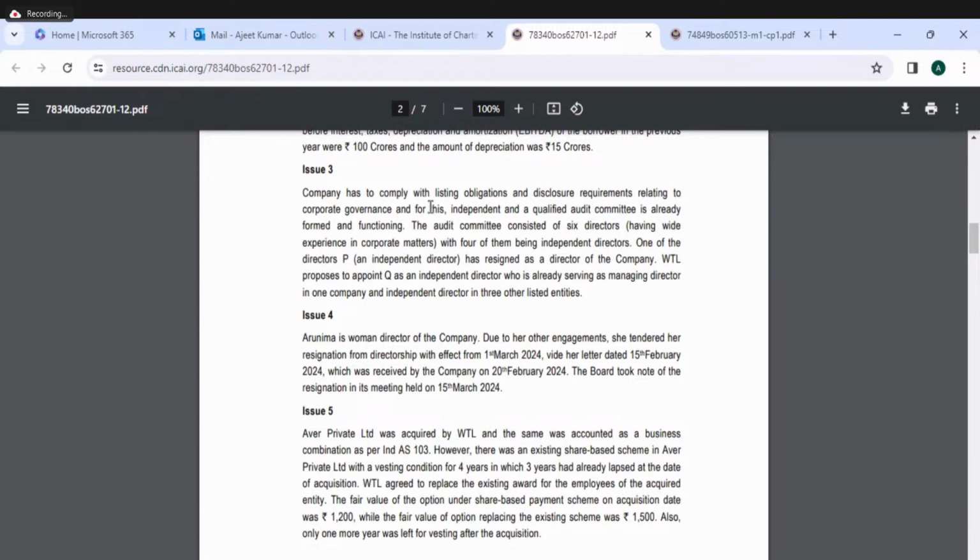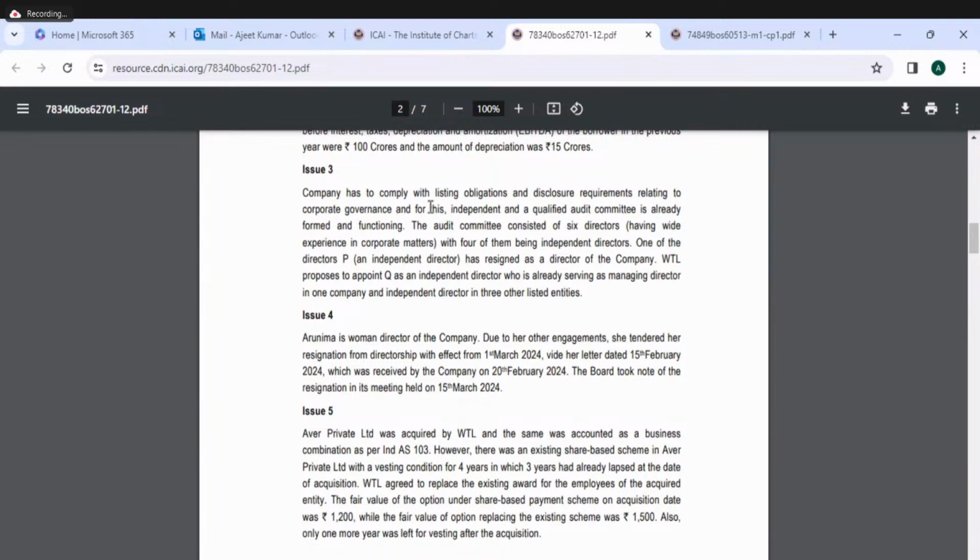So the issue is that the audit committee has 6 directors, and they have given that having wide experience in corporate matters, with 4 of them being independent directors. So this is the current scenario. This audit committee is having 6 directors, and out of them 4 are independent directors.